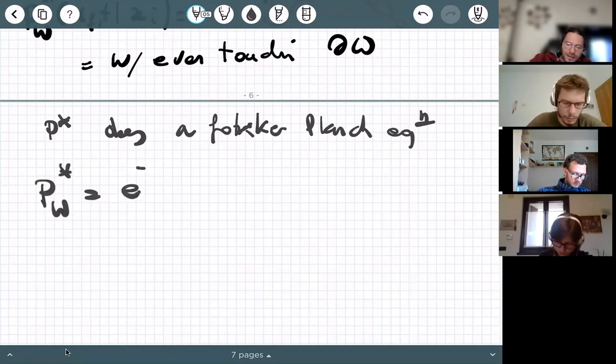And it's basically the same path integral we always knew and loved at this point.